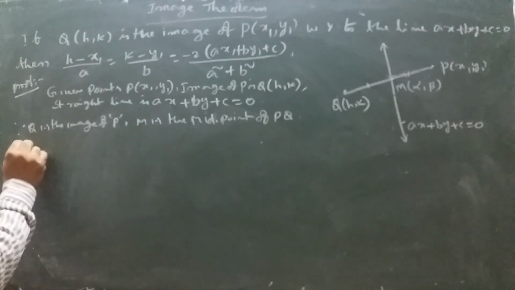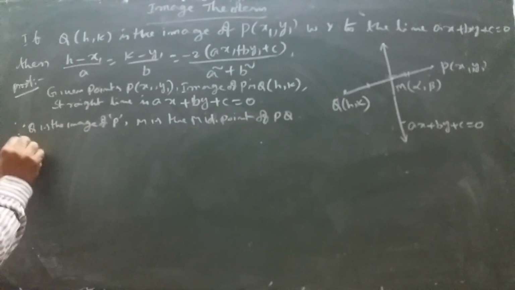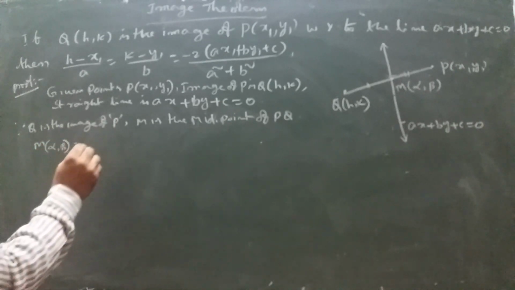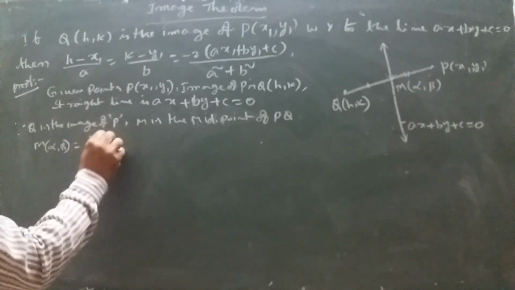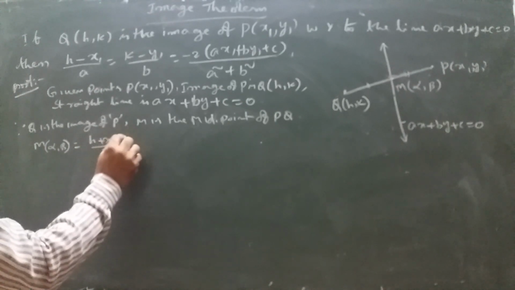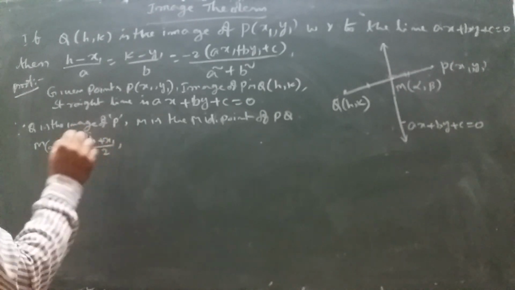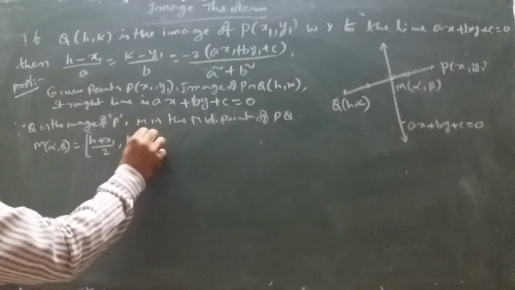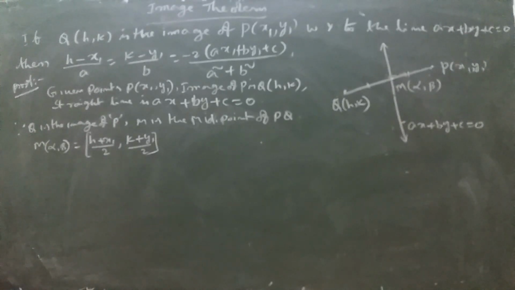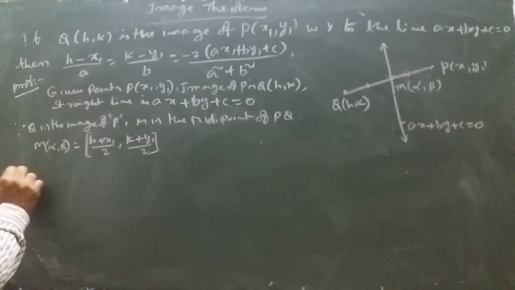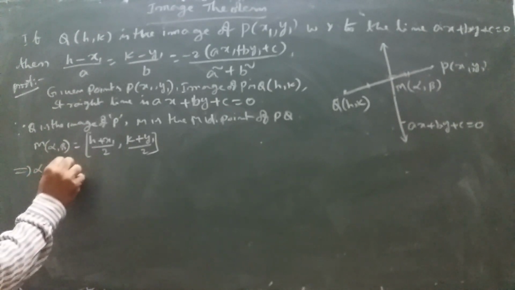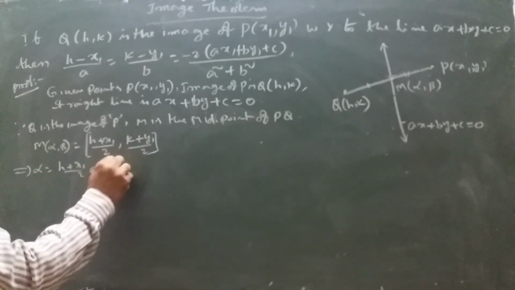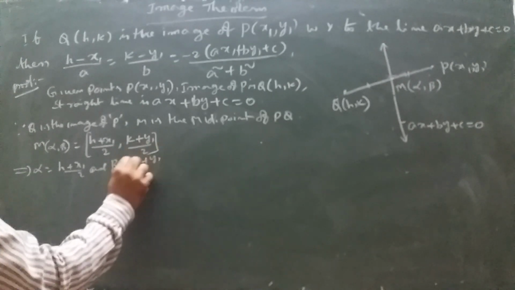Therefore the coordinates of M, (alpha, beta), are ((h + x1)/2, (k + y1)/2), where (h + x1)/2 is the x coordinate and (k + y1)/2 is the y coordinate. That implies alpha = (h + x1)/2 and beta = (k + y1)/2.